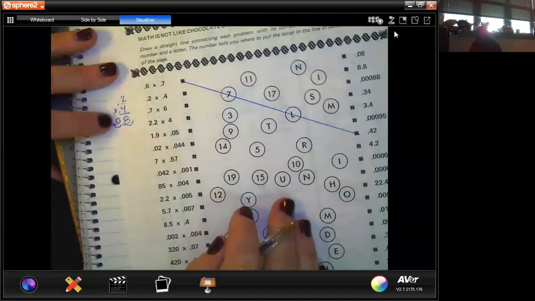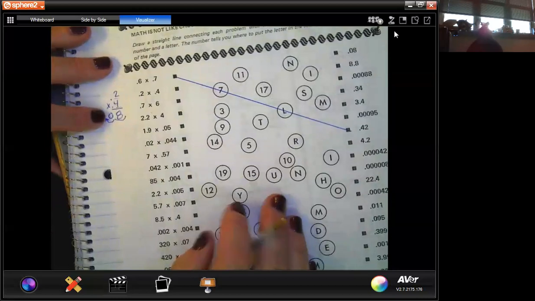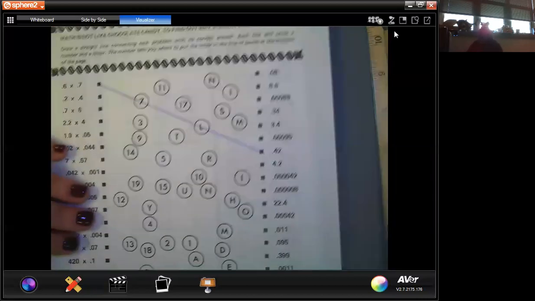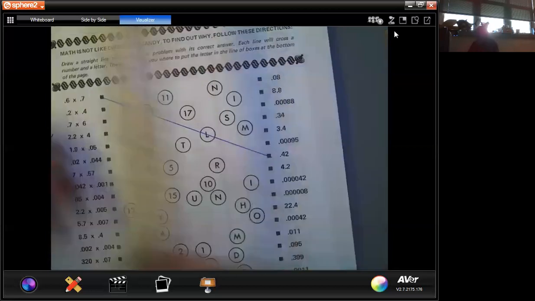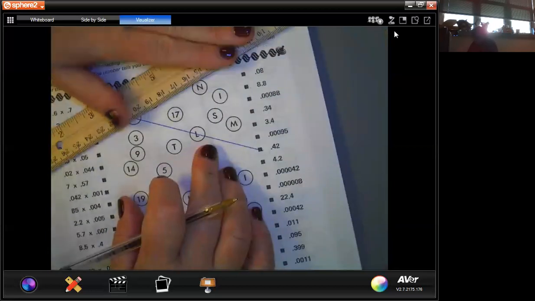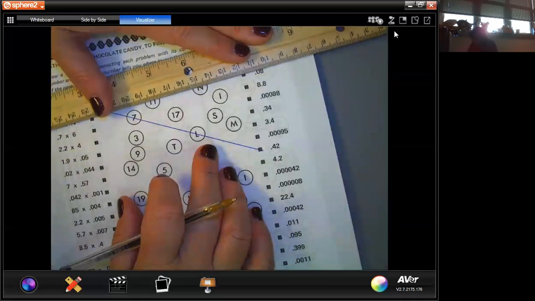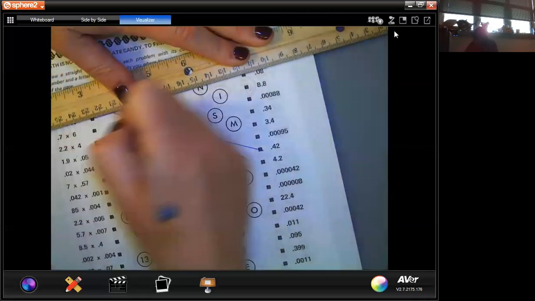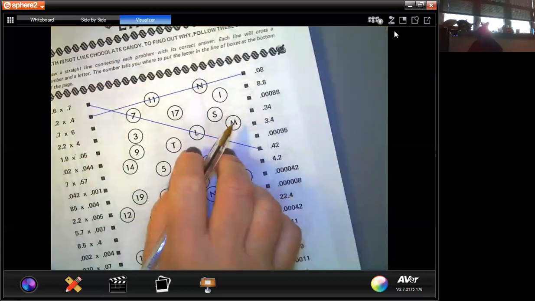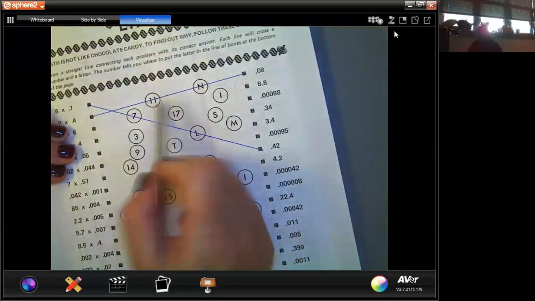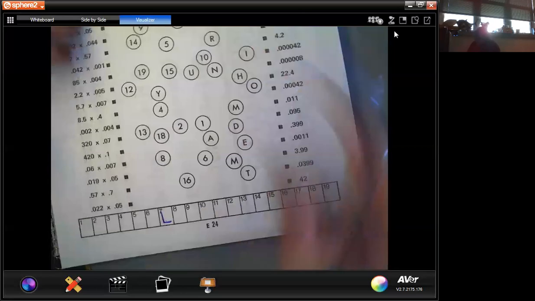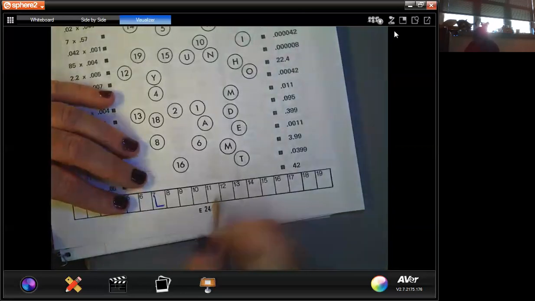It's 8 hundredths. 8 hundredths is right on top. So I line up my box to the answer, and it goes through 11 and N. So down here, here's 11. I'm going to put the letter N in there.